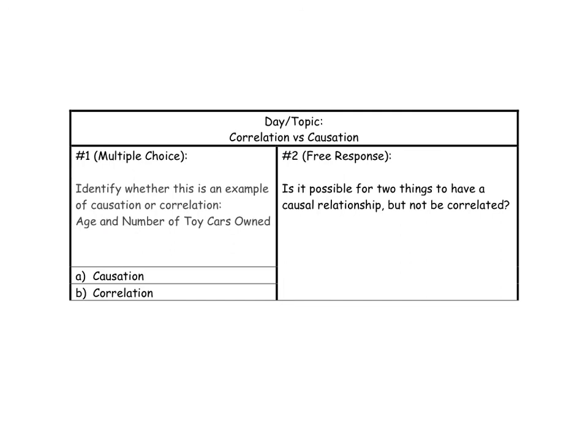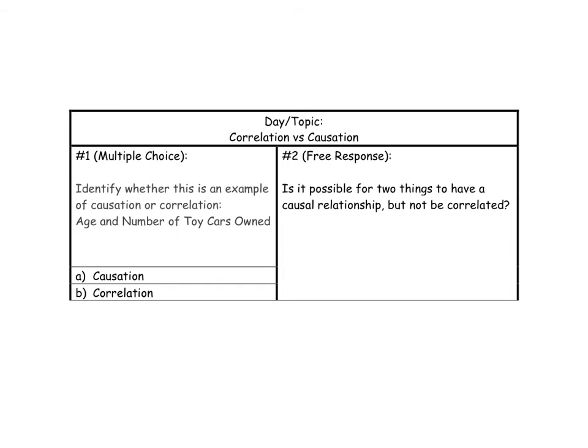Now it's your turn to answer the multiple choice question and the free response. Identify whether this is an example of causation or correlation: the age and the number of toy cars owned. Number 2, is it possible for two things to have a causal relationship but not be correlated?